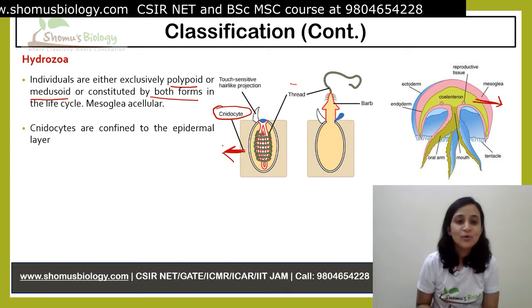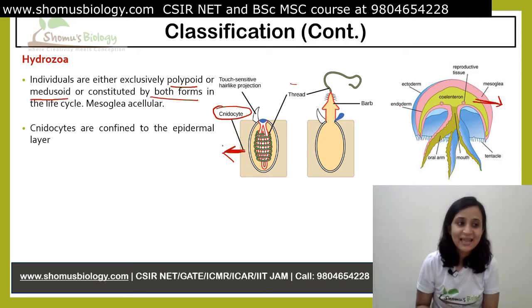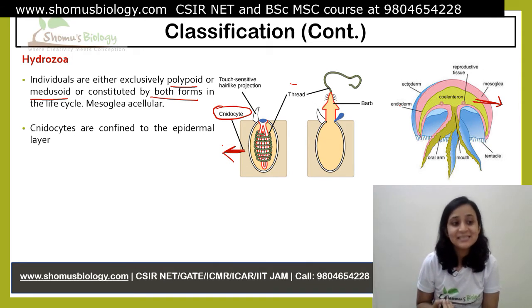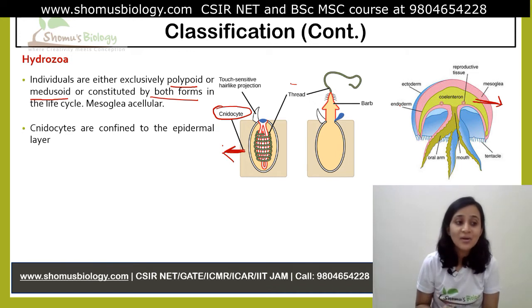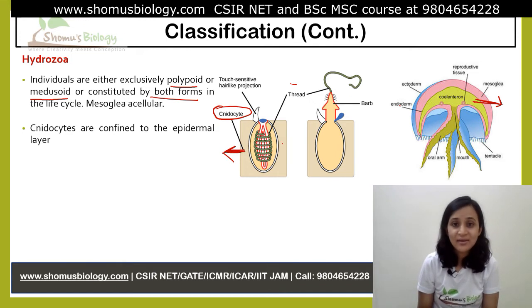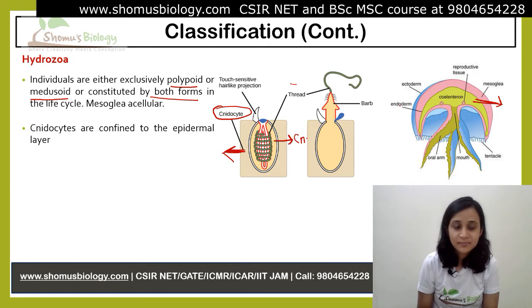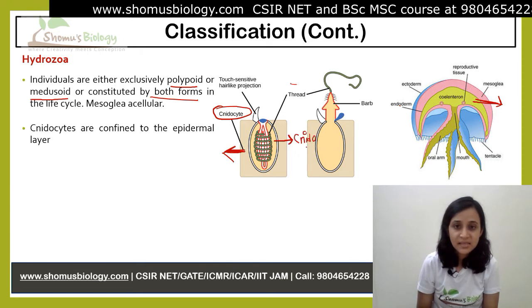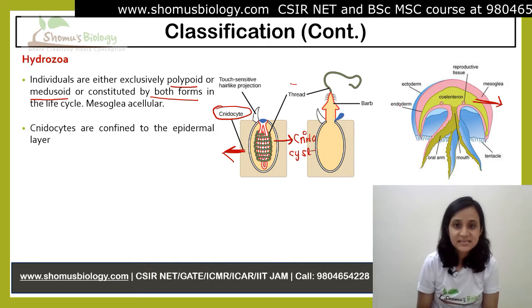What is a cnidocyte? A cnidocyte is an explosive cell that contains one giant secretory organelle called a cnidocyst.